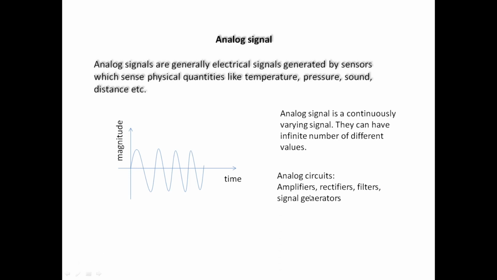The amplifier, rectifier, filters, signal generators are examples of analog circuits. They handle signals which are actually the sinusoidal type of signals. But an analog signal is not necessarily a sinusoidal signal. It may have any type of variation, but it is a continuously varying signal.